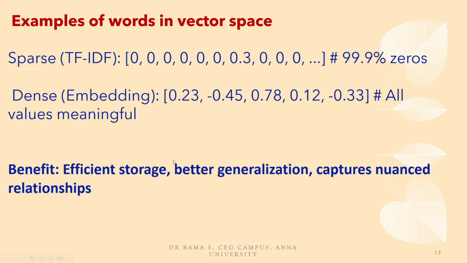And the benefit is efficient storage because of the size, and better generalization. Say when we consider the previous example of cat and dog, we can say that both are pet animals, and it also captured the relationship between the two vectors. Say for example, king and man, queen and woman.